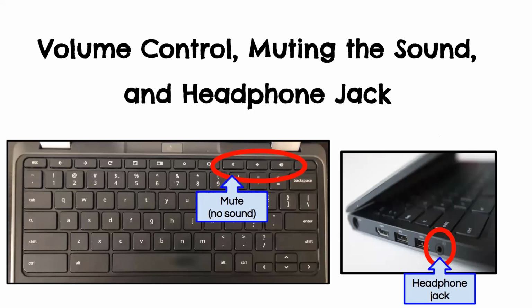So if you're in a Zoom and you want to mute yourself, you're going to have to click on mute, right? It's not this key. This key will turn off all the sound. There's also volume control just to the right of that mute button. And then the headphone jack is on the same side as the power button. I don't know if you can see that.